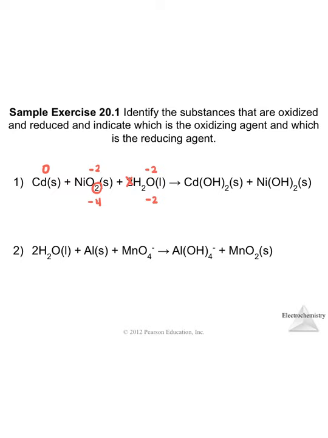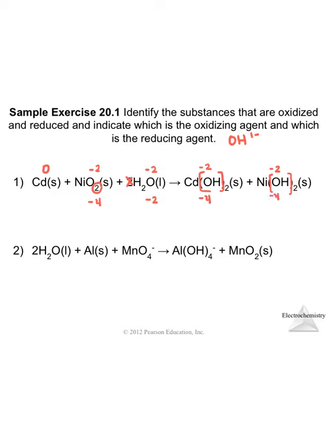Let's see. This whole thing here is a hydroxide, and hydroxide is OH 1-. So the oxygen is -2. Again, we're going to keep this thing together. There are 2 with my subscript out here, so that oxygen is -4 total.